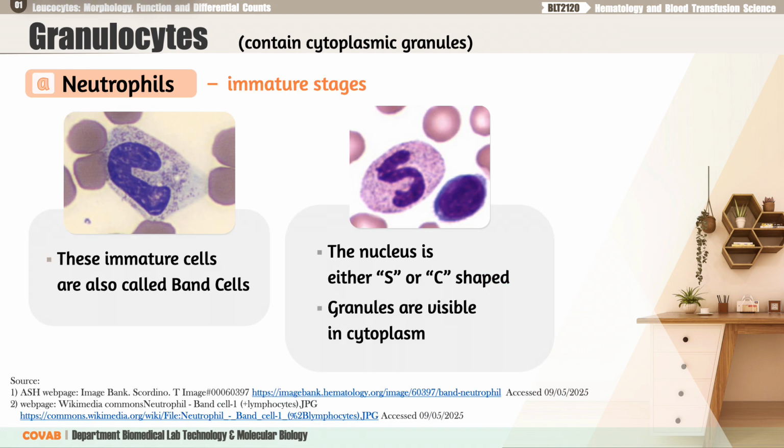The immature stages of the neutrophils are called band cells. The nucleus is either S-shaped or C-shaped. The photograph on the left shows a C-shaped nucleus for a band neutrophil, while the one on the right shows an S-shape for the band neutrophil. In these immature stages, it's possible to see the granules.